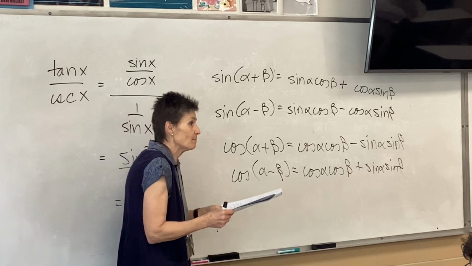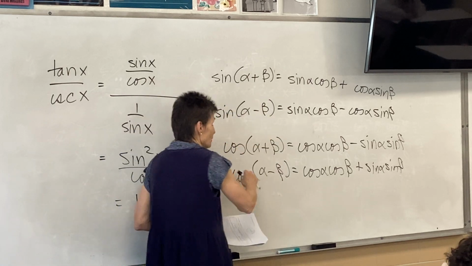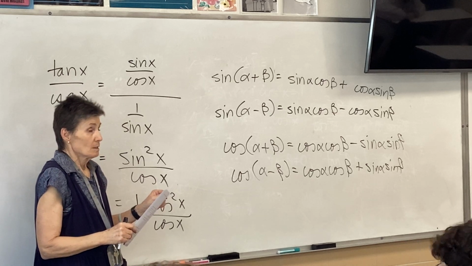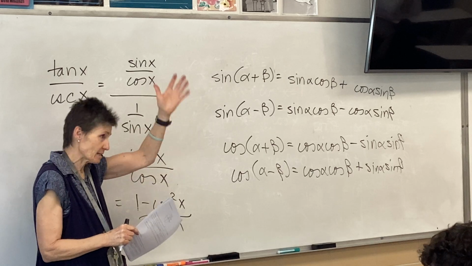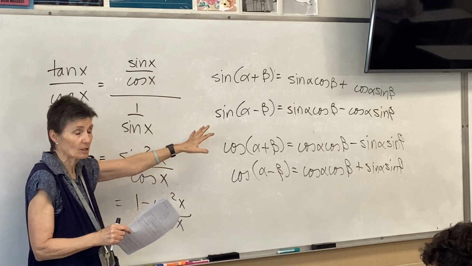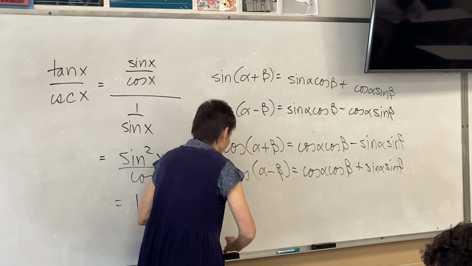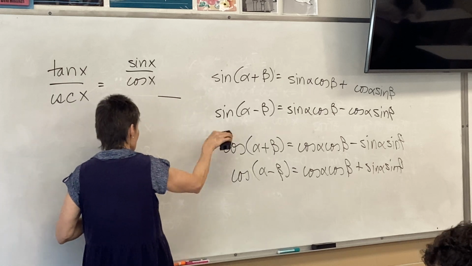Trial and error. Okay, so these are the sum and difference identities, the ones you need to know. There are 10, all 6 functions have them. You need to know sine and cosine. You also need to know what are called the double angle identities, and those come directly from these.